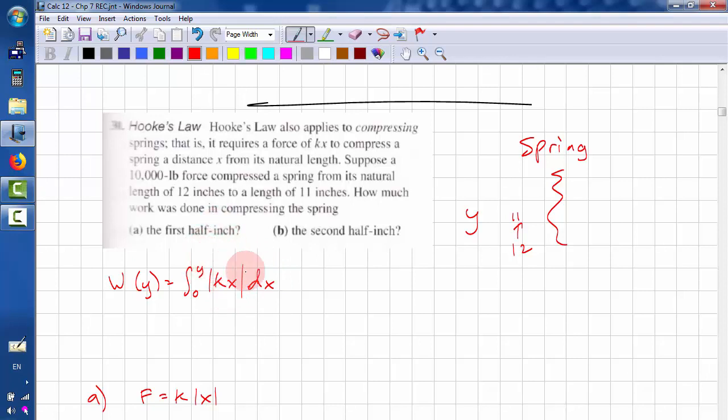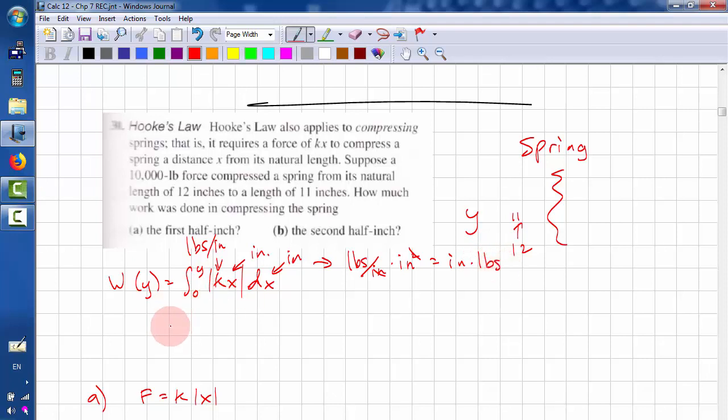And we want to note that k is in pounds per inch, and this is in inches, and this is in inches. And when we integrate, we're going to get pounds per inch times inch squared. Cancel, cancel, and we get our units as inch pounds.